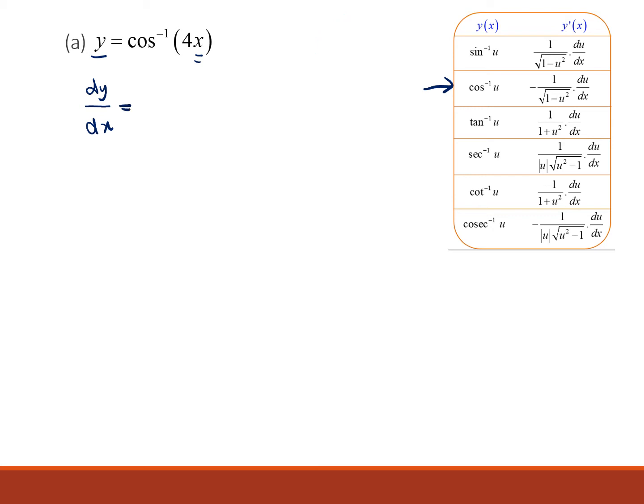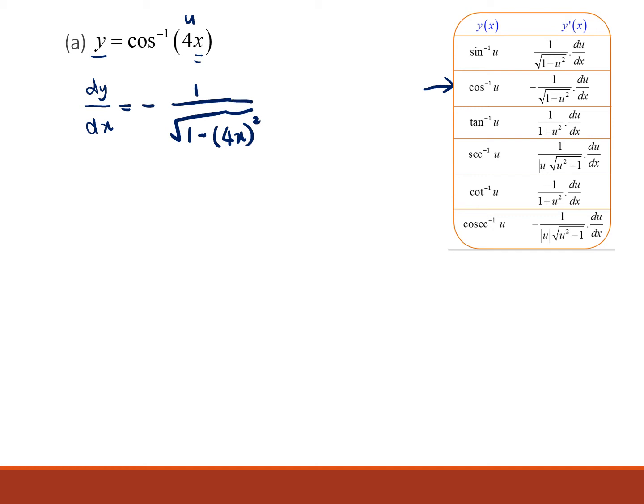Here we have our arccos, where the derivative is minus 1 over the square root of 1 minus u squared, where our u is equal to 4x. So just substitute our u with 4x, and don't forget to put the square. So the whole 4x will be squared.